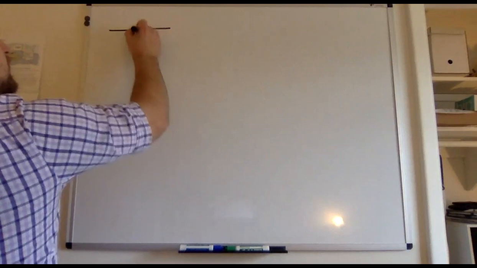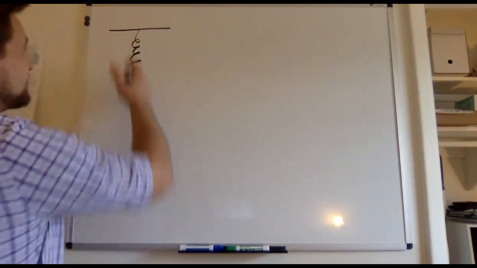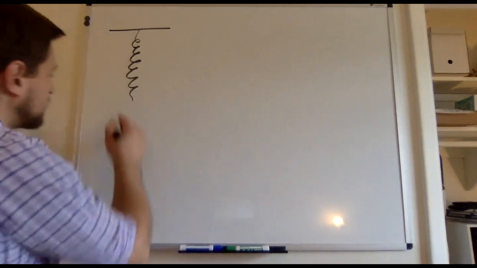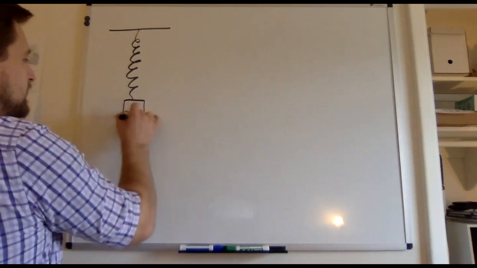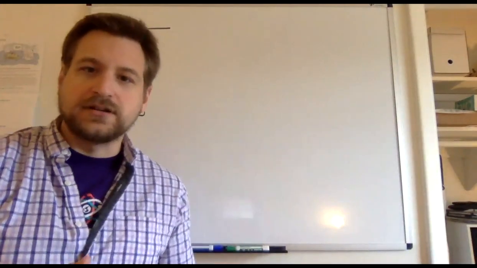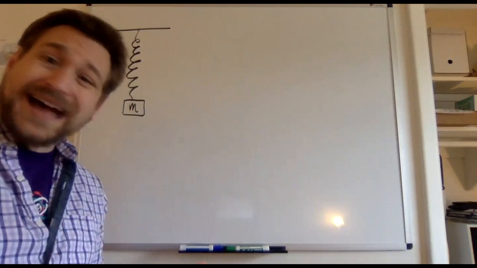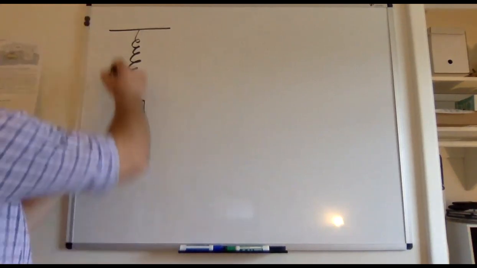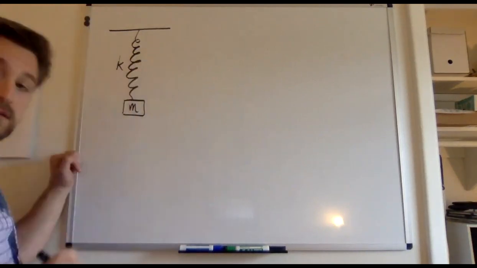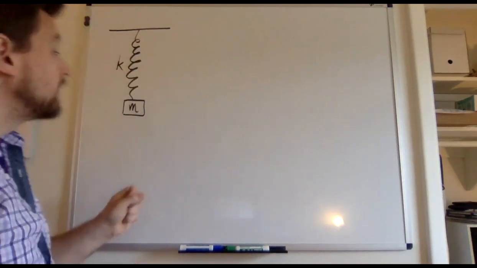We've got a spring, and for the sake of argument, let's make this a spring that has a mass attached to the end of it, where the mass is much, much heavier than the spring itself. So like the mass of the spring doesn't really matter. It has some spring constant, k, but it's this mass that's stretching it down.